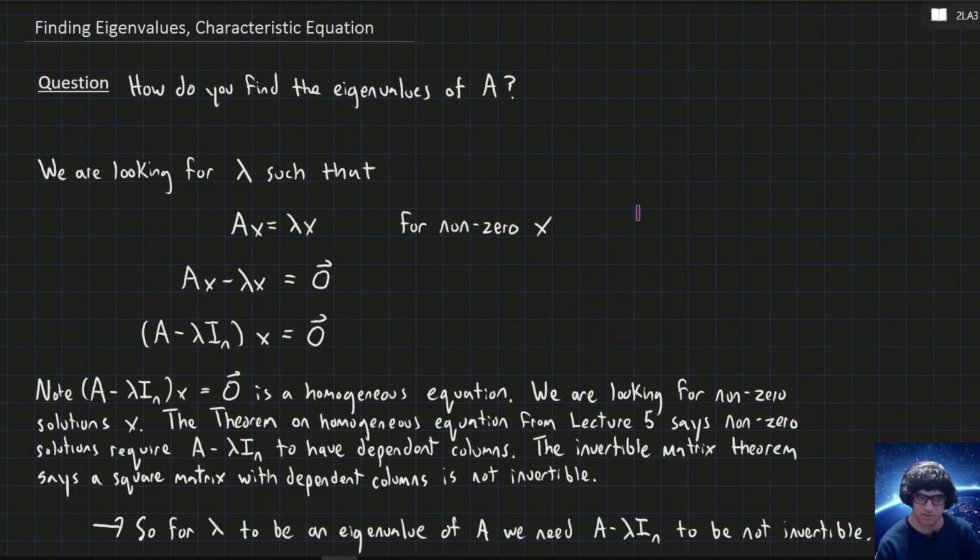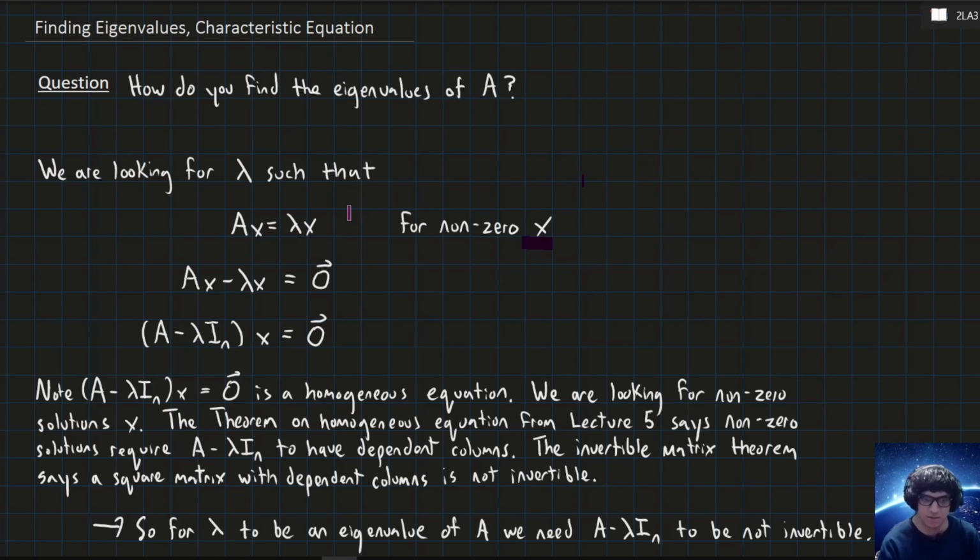Let's discuss the procedure for finding all the eigenvalues of A. Remember, we're looking for numbers lambda such that Ax equals lambda x. Well, x has to be non-zero.